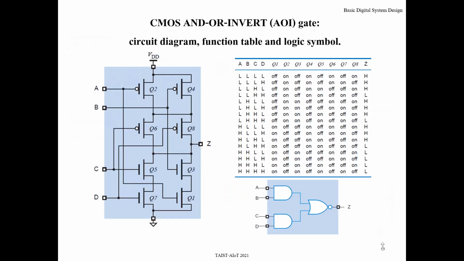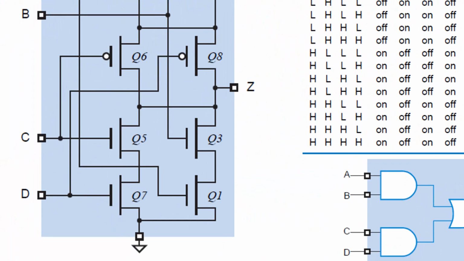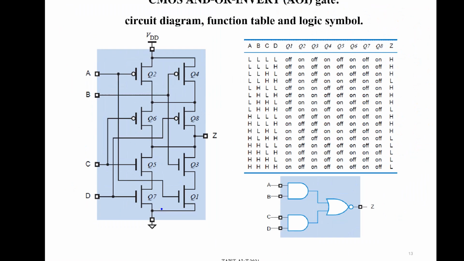And the next, okay, let me analyze this circuit. Again, we can analyze just the upper part of the circuit or the lower part of the circuit. Okay, why? Because this is controlled by A, this one controlled by B, this one controlled by C, this controlled by D, this one controlled by C, D, B, and A. Note, for the upper part of the circuit, Q2 and Q4 are controlled by A and B, connected in parallel.